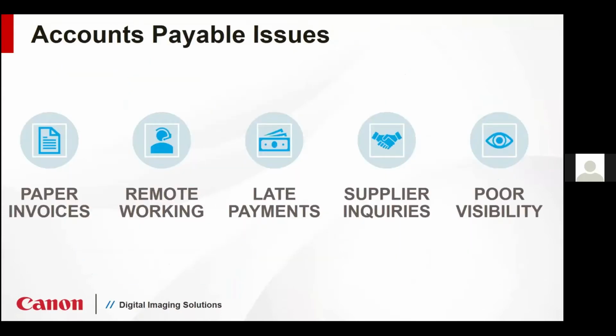There are 5 key issues that the majority of under-automated AP departments deal with on a day-to-day basis. Let's take a look at each one of them. First of all, paper invoices. More and more suppliers are realizing the advantages to be gained by emailing their invoices to their customers, and thus are moving to emailing invoices to all their customers who will accept them.